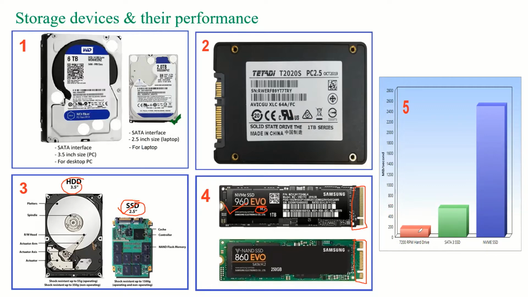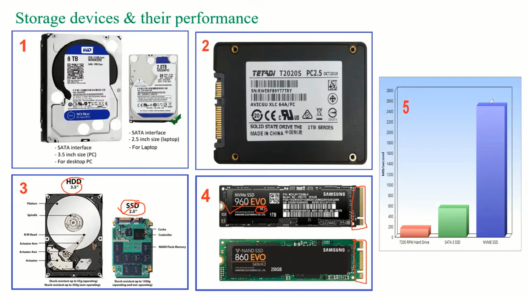The last one, the fastest one of them all, is the NVMe, which is over here. This particular storage device works up to 2600 Mbps. Some of the latest ones available in Samsung make can work at 3600 or 4000 Mbps. That means 4 GB per second read and write.